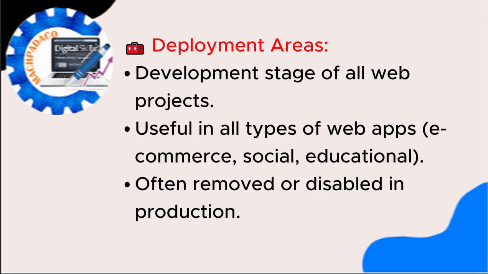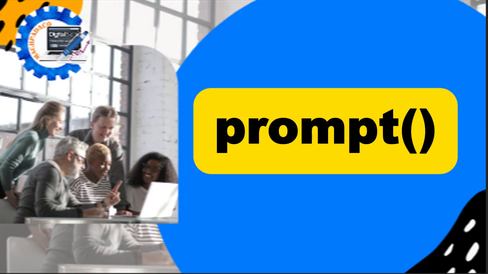Deployment areas. Development stage of all web projects. Useful in all types of web apps, e-commerce, social, education. Often removed or disabled in production. The next method of writing something in JavaScript is the prompt method.